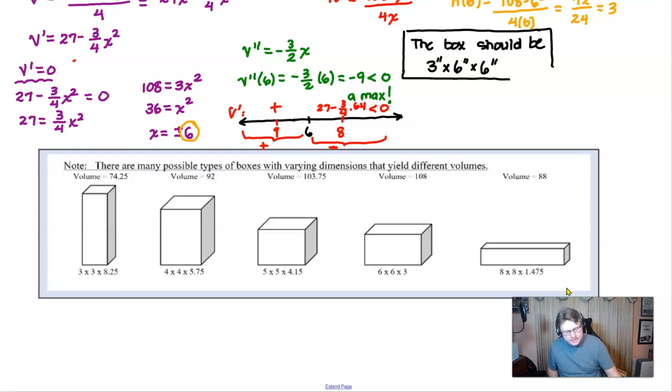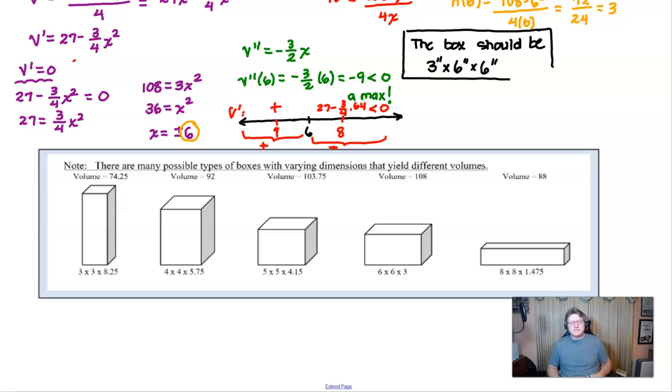In other words, you've got 5 boxes right here, and all 5 have something in common. What they have in common is that the surface area of all of these boxes is indeed 108 square inches.